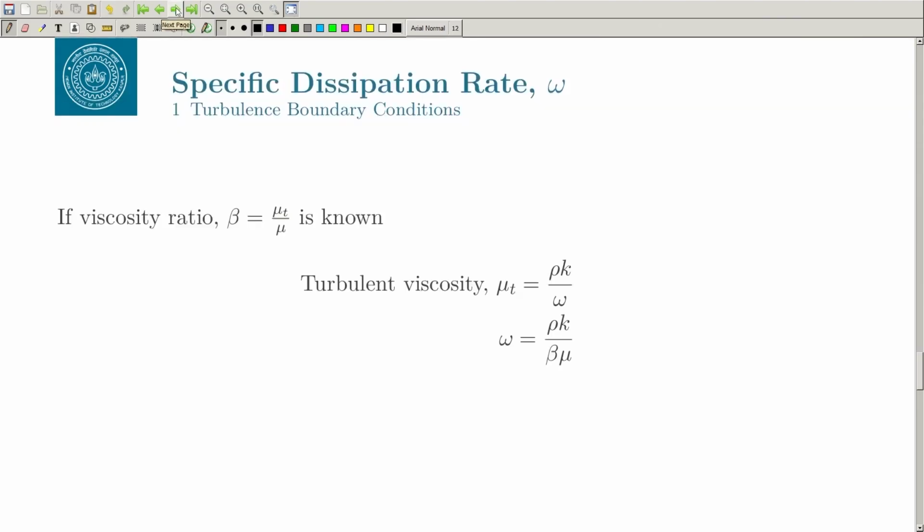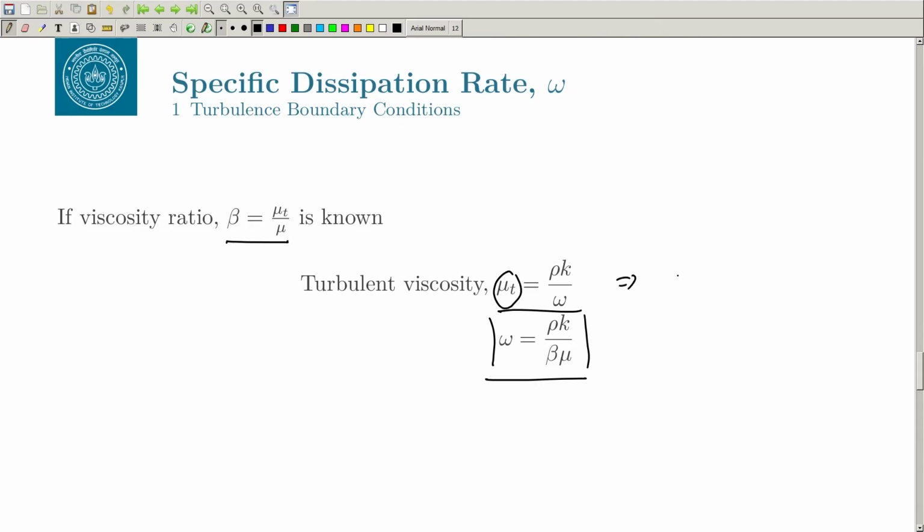Now, let us go to the specific dissipation rate. So, now we are talking about the SST k omega or just the k omega model. Okay. So, there also the philosophy is the same. You know the viscosity ratio and you know how your eddy viscosity is related to the turbulence kinetic energy and the specific dissipation rate. So, you can use the viscosity ratio beta to calculate the value of omega.